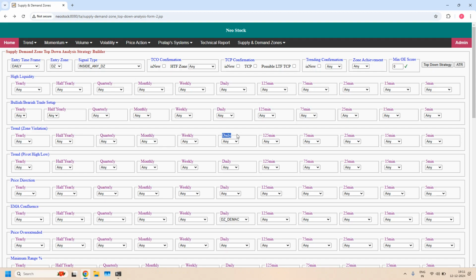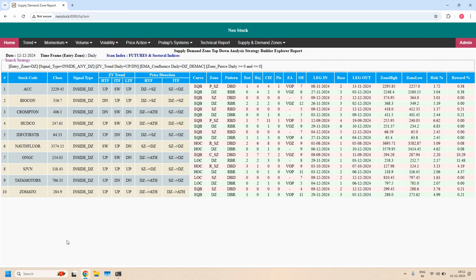So in the trend at a daily time frame, I am selecting up or down trend, but not sideways. Let's filter. We got 10 stocks. And in these 10 daily demand zones, having daily EMA Confluence, the current price is also closed in the daily demand zone. So this is about daily demand zones.